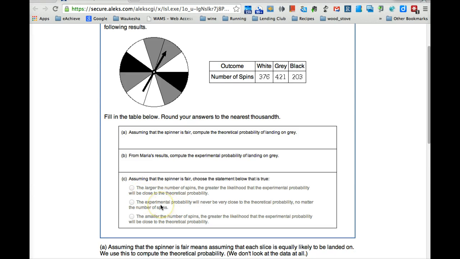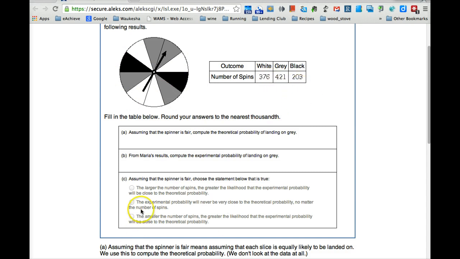If you only flip a coin 10 times and 8 times it's heads, the idea is that if you keep flipping that coin, you'll get closer and closer to being 1 out of 2 chances, either heads or tails. So the more you do something, the more likely it is to become an accurate picture of what will happen. They spun the spinner 1,000 times, so that's a pretty accurate gauge.